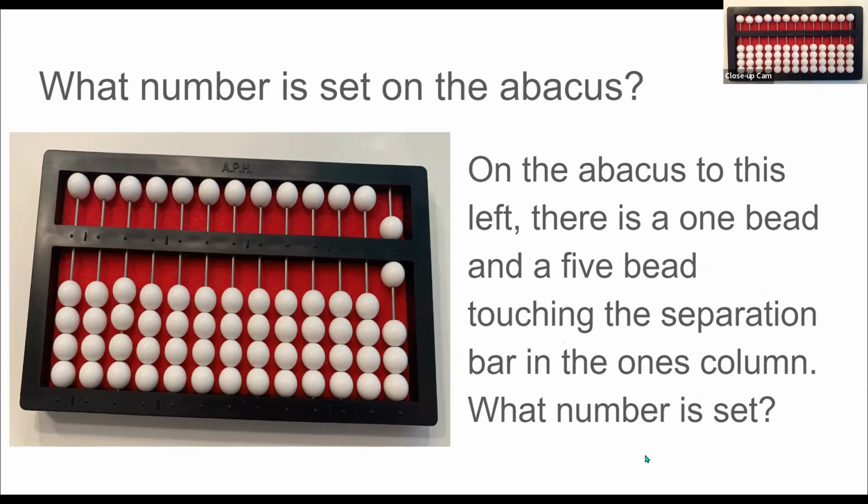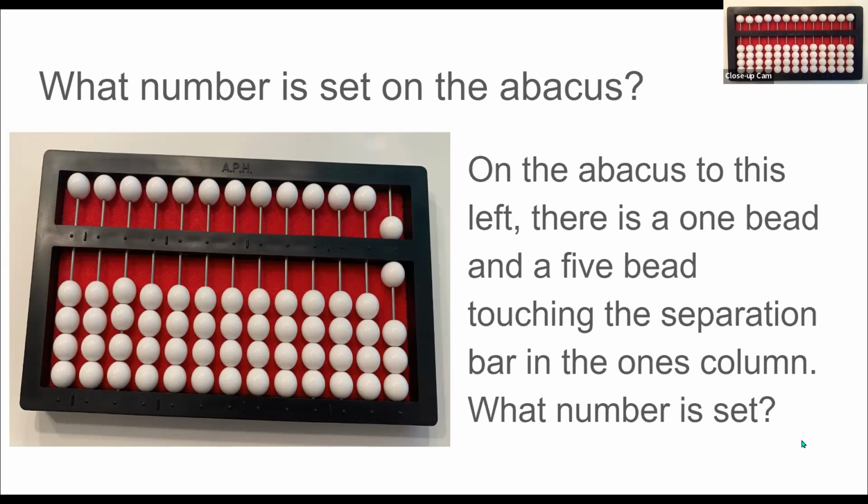What number is set? Go ahead and type that in the chat. Let me give everyone else a moment to think. Everyone so far has said 6, and you are correct.